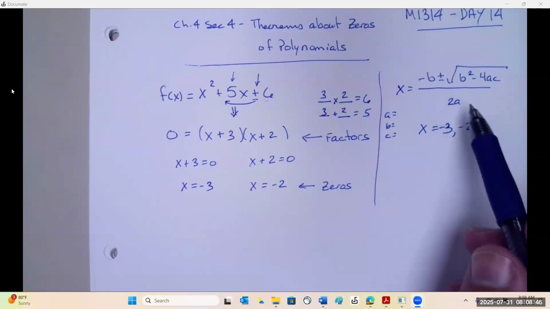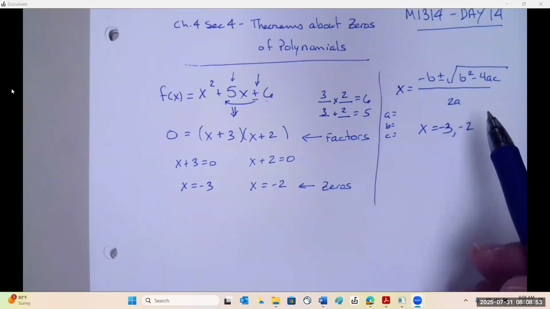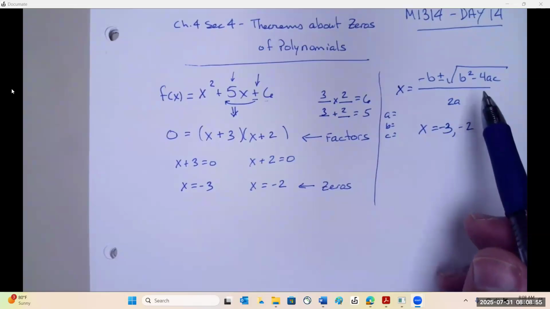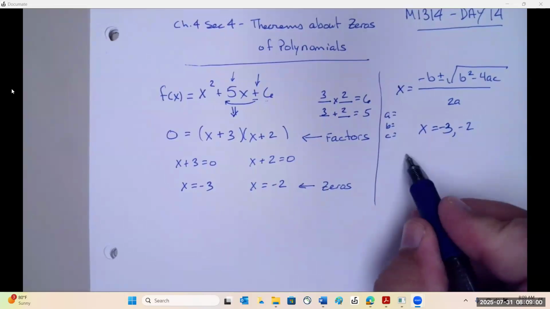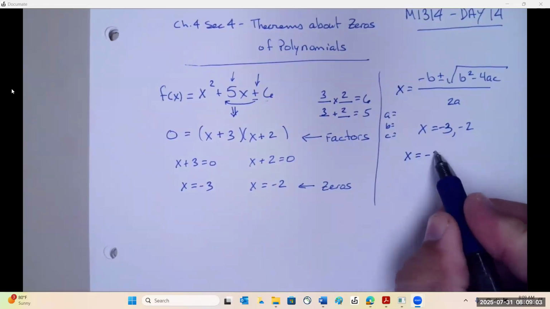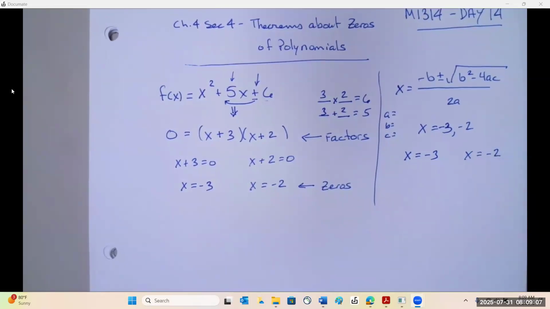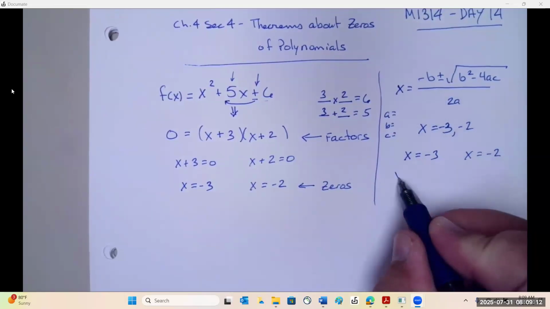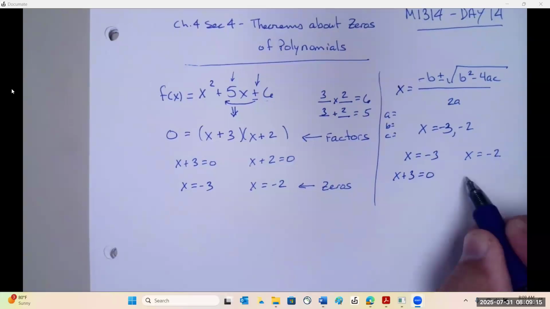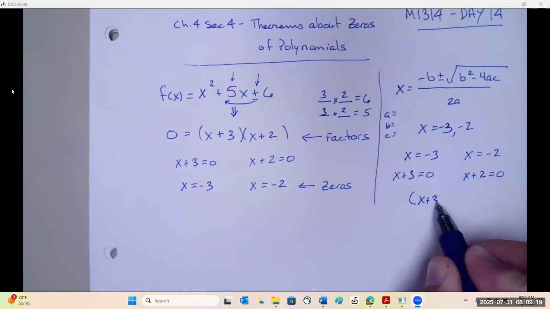Does this help us finding the factors? Let's try it again. Does this help you if you did what? Very good. So if we start off from our solutions, how do we get the factors from there? Set them equal to 0. So we add 3 to both sides. Right. We write them this way. Now we have our factors.